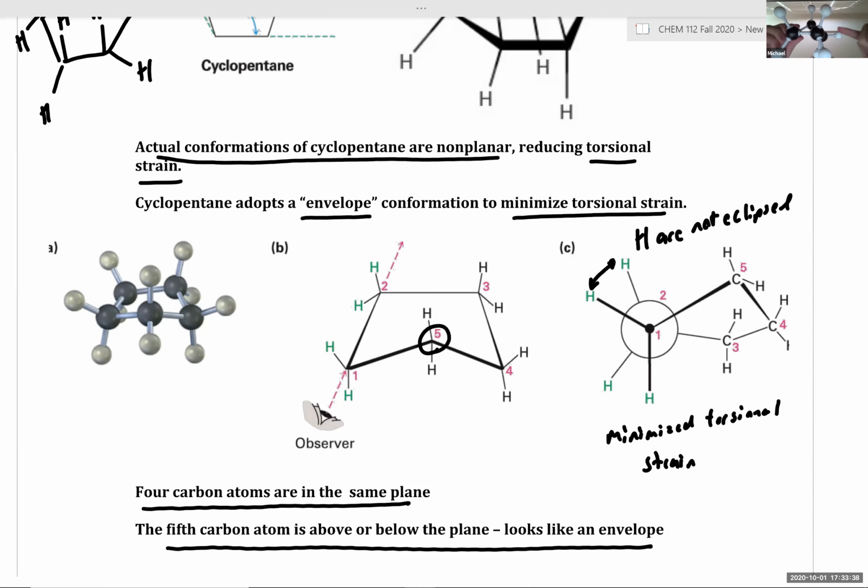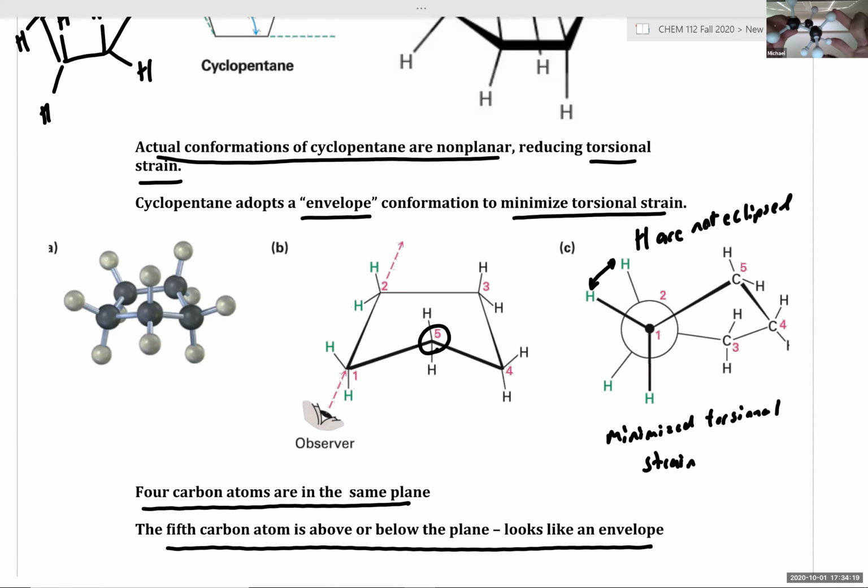Are our 2 hydrogens staggered or eclipsed as a result of this puckering? Are they close together in dihedral angle or far apart? Do we see a large or small dihedral angle? They're far apart, right?